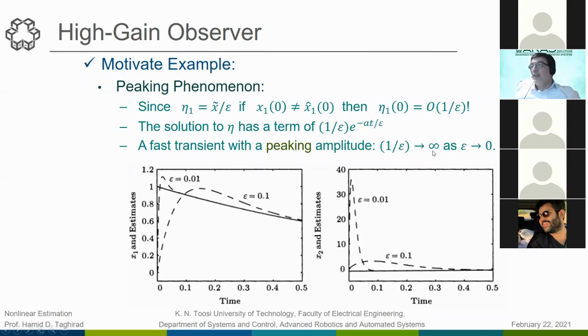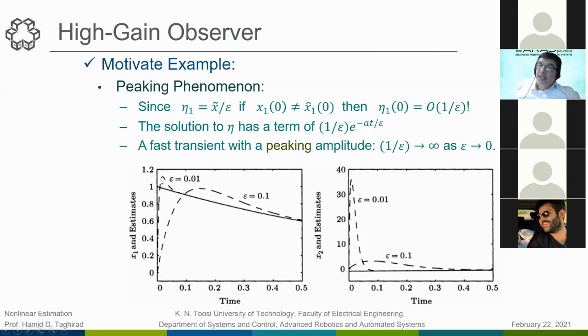Here, I showed that with a larger epsilon, the response is quite slow, but very little bounded. But if we make epsilon smaller, we have a higher peak.